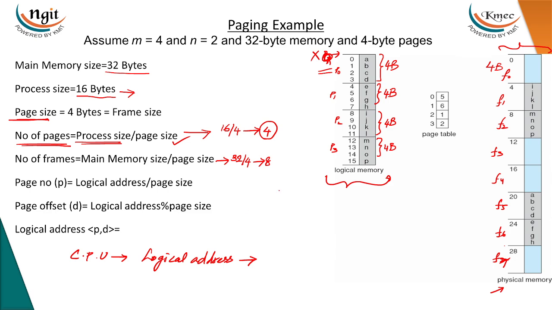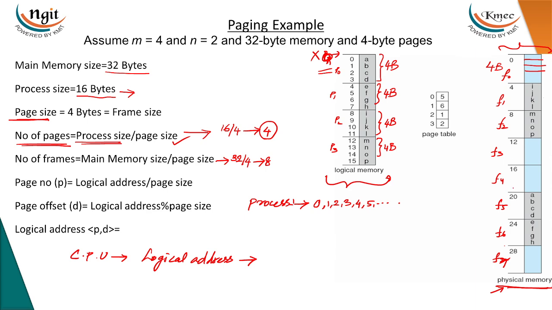Where does the process actually reside? On the hard disk. The addresses for every process start from 0: 0, 1, 2, 3, 4, 5, and so on. So for each different process, the address always starts from 0. Similarly, in physical memory the addresses are not per process; they run byte 0, byte 1, byte 2, and so on.